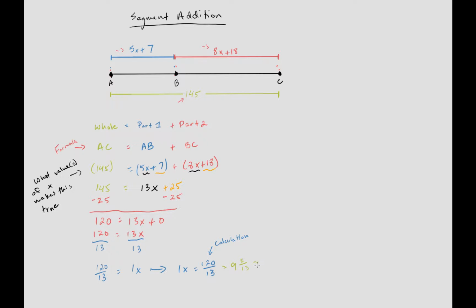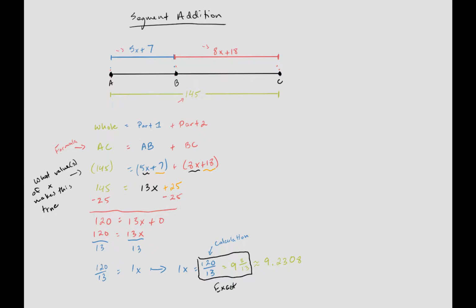Now we could also write an approximation as a decimal to give us an even better idea, because 3 over 13 can be a little bit confusing. And so we get that this is approximately equal to 9.2308.